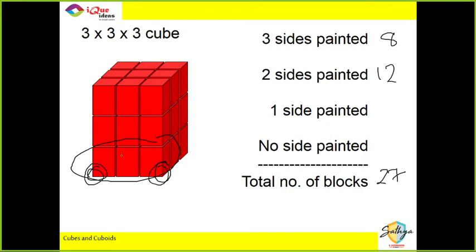This one is 3. But the middle one, apart from here and bottom, only 2 sides painted. The entire row won't have 3 sides. Only the edges will have 3 sides. Only the vertex ones will have 3 sides.